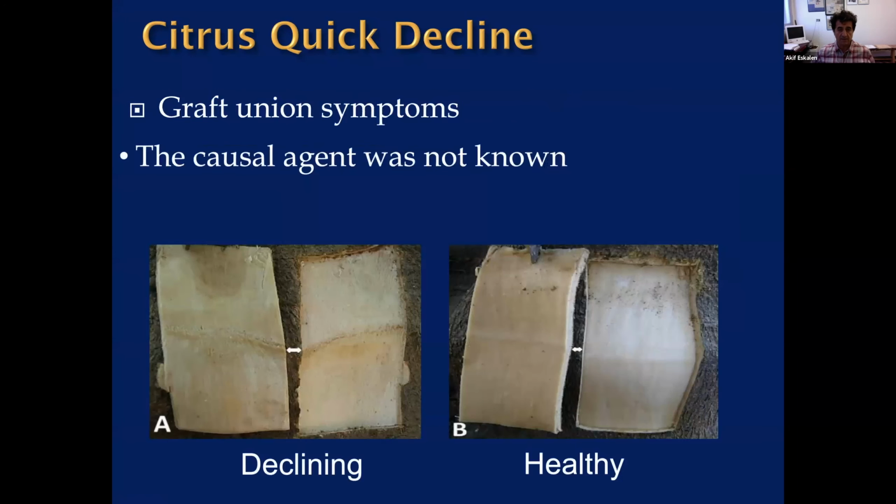I just want to point out that in that quick decline survey, we noticed that some of the declining trees show abnormal symptoms at the graft union on the bark and also on the wood tissues, as you can see in the picture on the left.